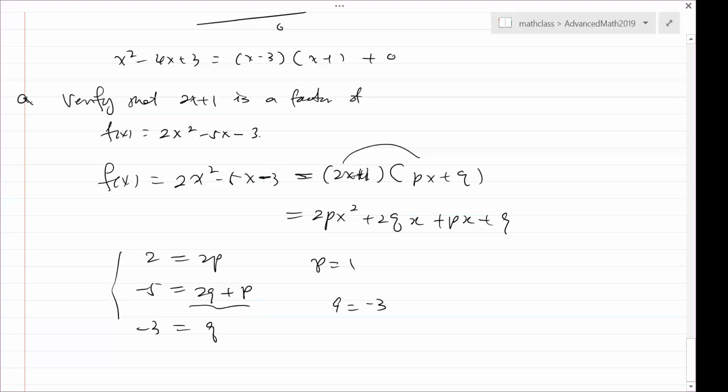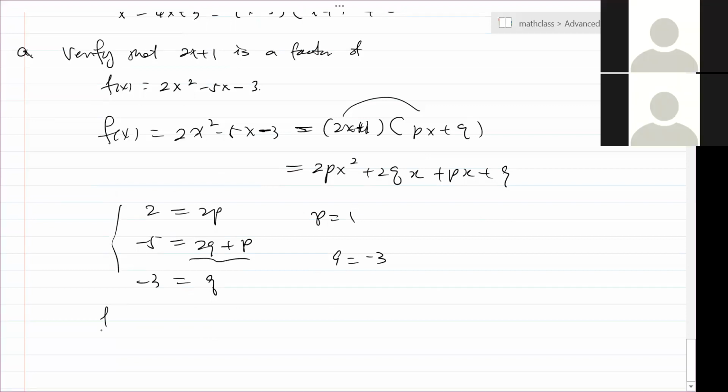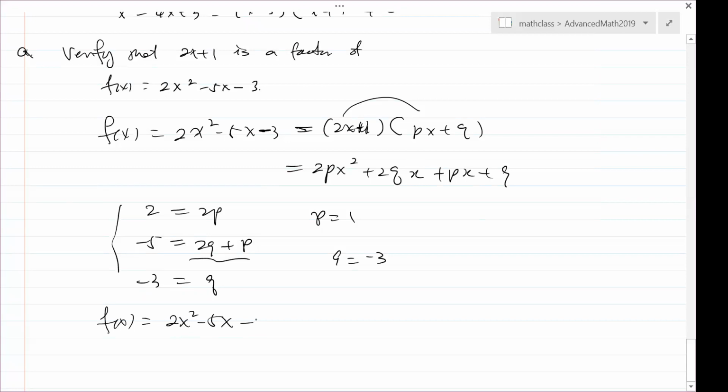Yes, this is -3. Yeah, q is -3, so 2 times -3 plus 1 is going to be -5. Yes. So we will get x squared minus 5x plus 3 equals 2x plus 1 and x minus 3.